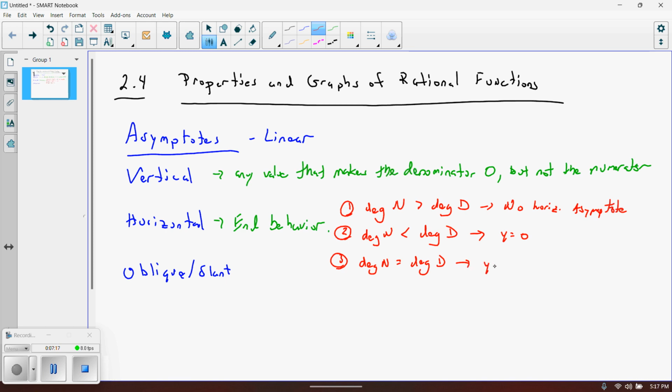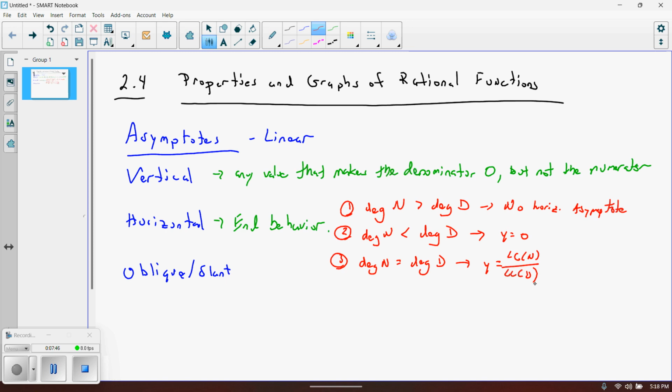So it would be y equals whatever the leading coefficient of the numerator is, divided by the leading coefficient of the denominator. And again, remember, this is just kind of a shorthand of how we do all this stuff. When we start doing the examples, this should make more sense.